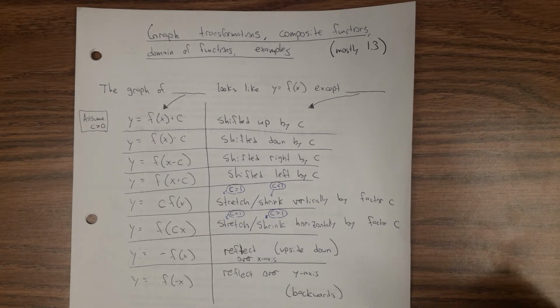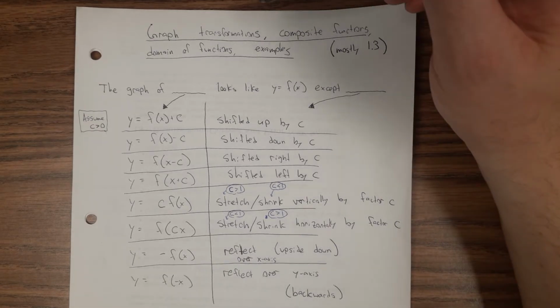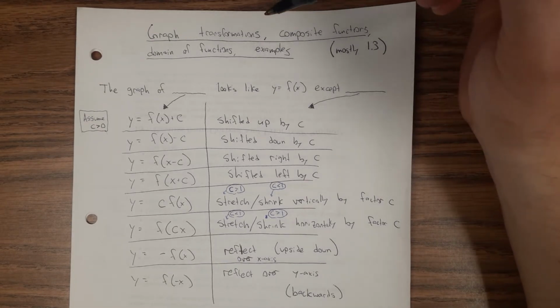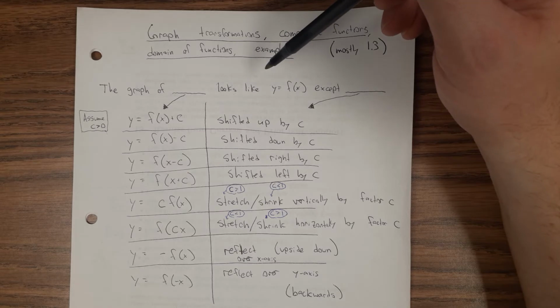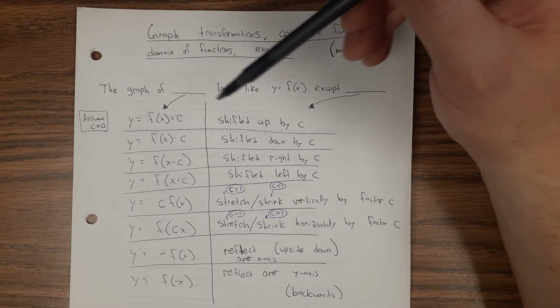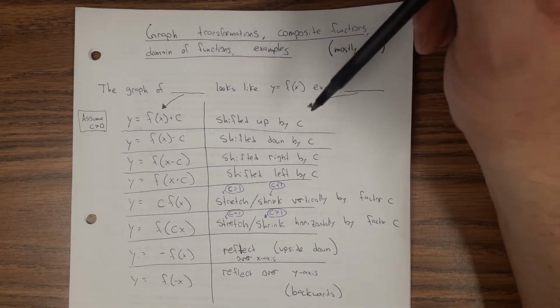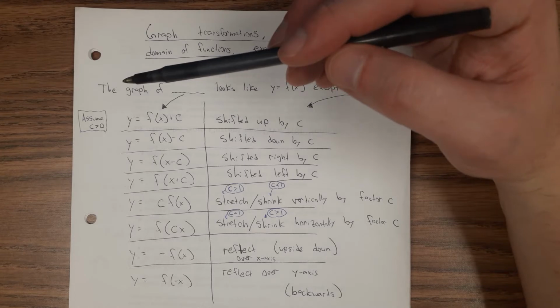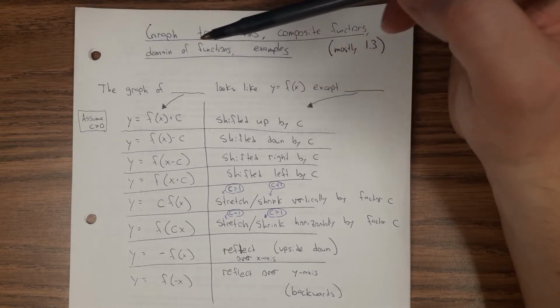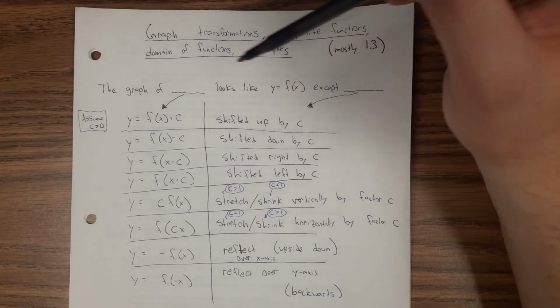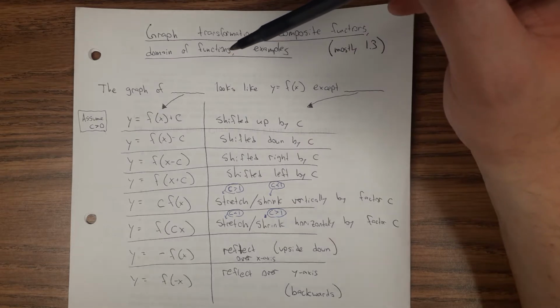So first of all, graph transformations. We've talked about, at this point, several standard graphs, like the trig functions and the inverse trig functions and exponential functions and logarithms, and each time I talked about one of these, I drew the graph.